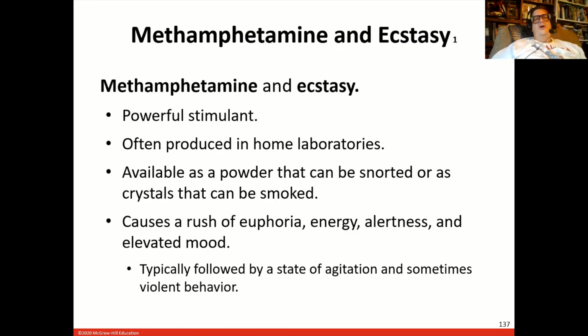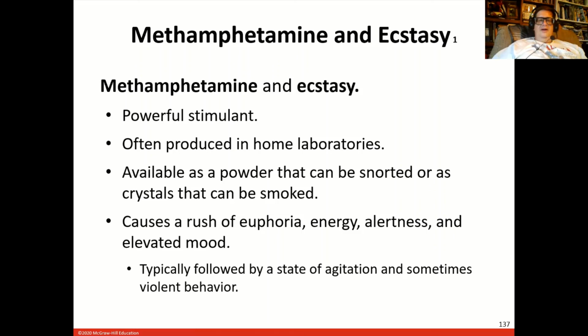Meth and ecstasy are also stimulants. They're things that people make at home. They could smoke it, they could inhale it. You'll have the feelings of euphoria, energy, alertness, and elevated mood.